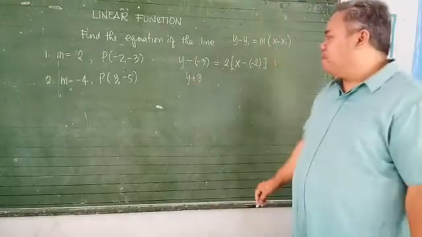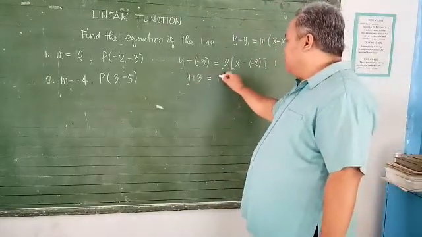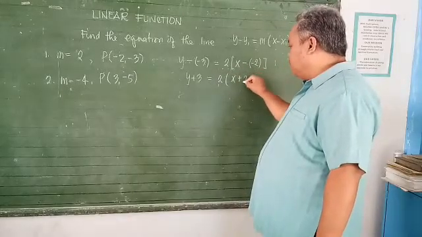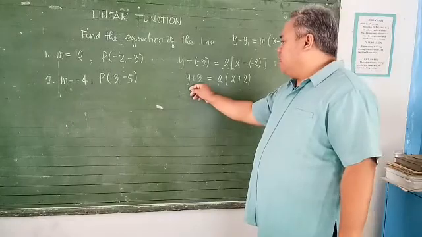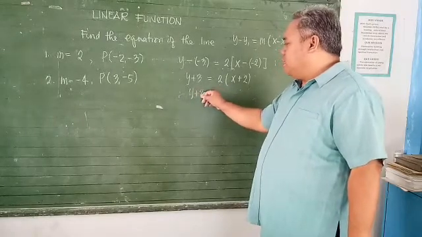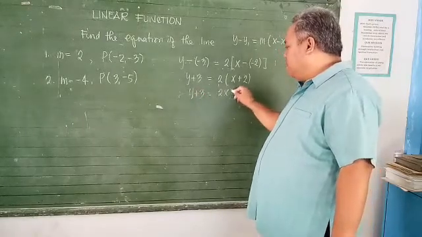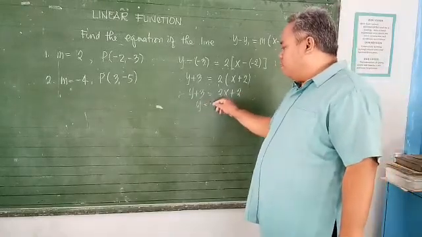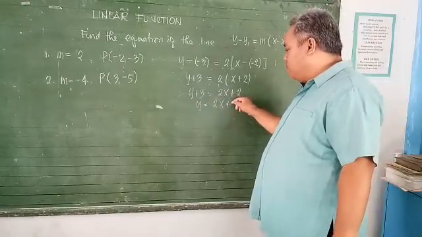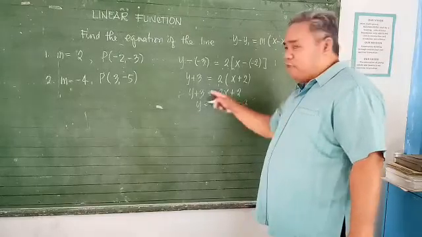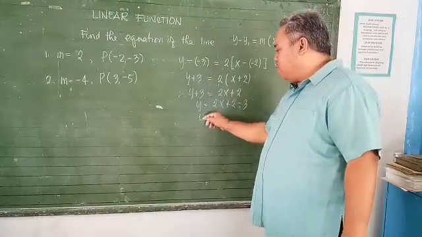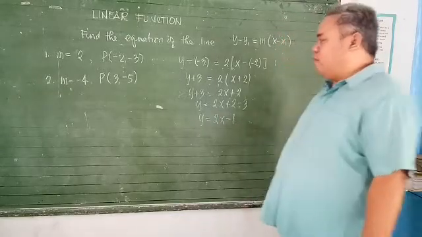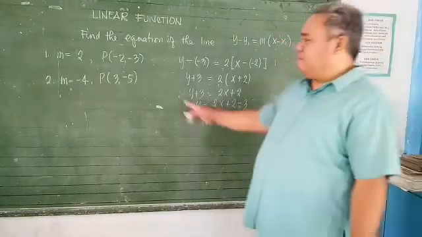It's y plus 3. And then this is 2. And then that will become positive 2, because two negatives in a row. So this is y plus 3 is equal to 2x plus 2. And then y is equal to 2x plus 2 minus 3. Move that also to the other side. So y is equal to 2x minus 1. That will be your equation for this number.